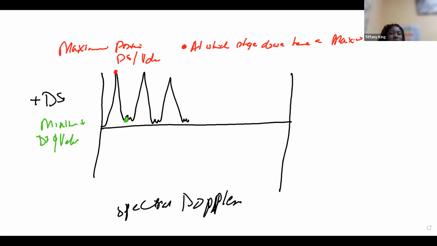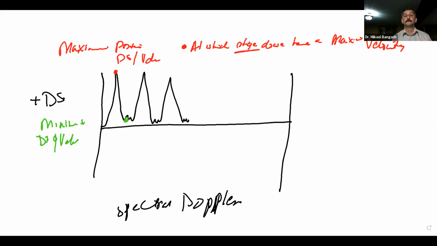And this is for the blood vessel. Yes, I would say at stenosis. Not at stenosis, in a normal healthy vessel, my dear. Oh, okay. At the end of systole.